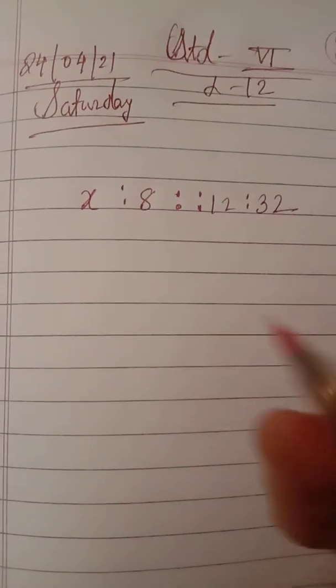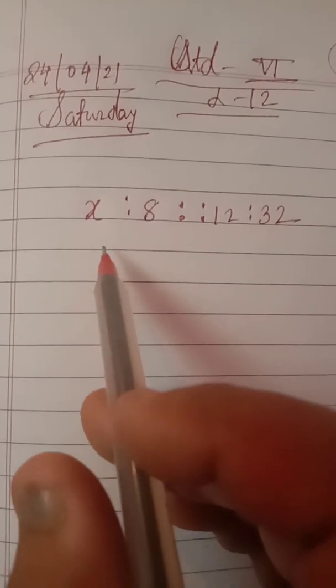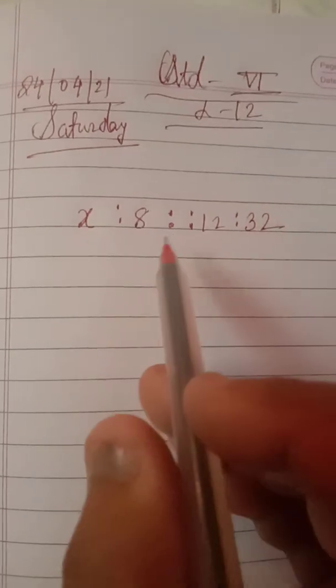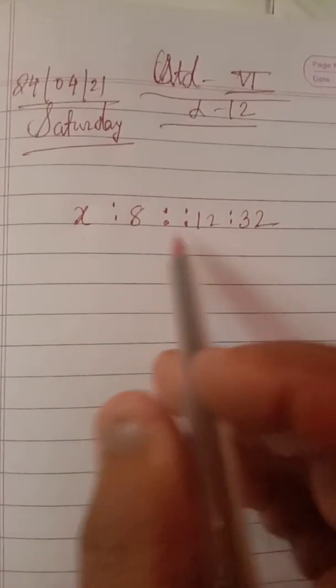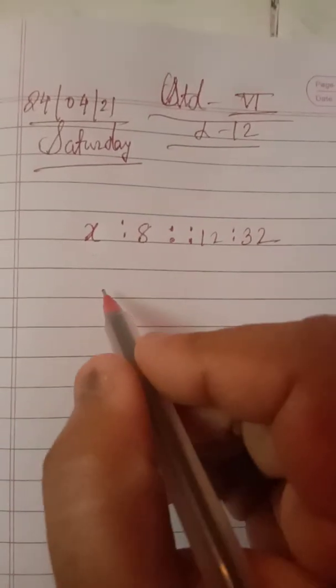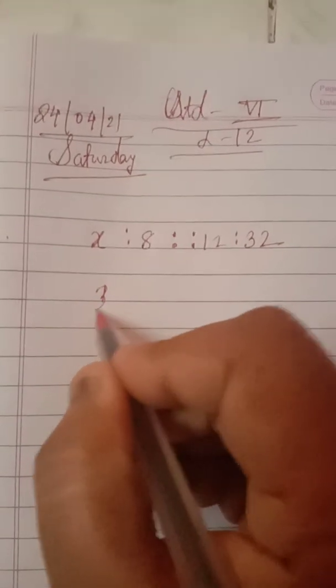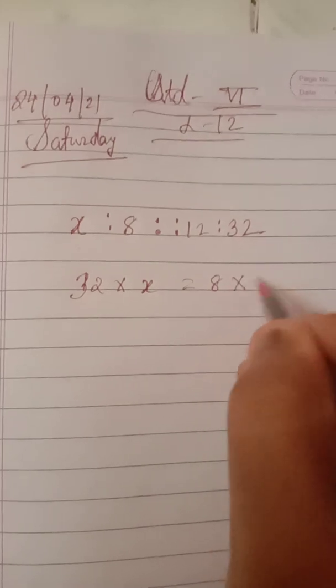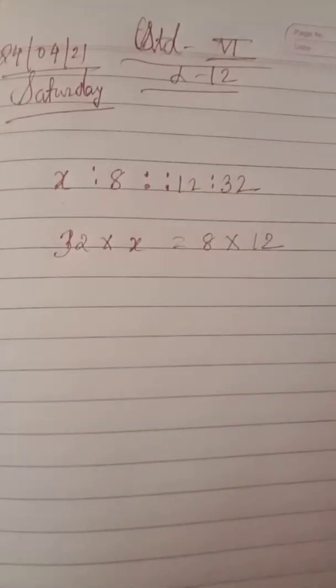According to our formula, we have to find both the extremes, multiply both the extremes, and then multiply this to the middle. So 32 multiply x equal to 8 multiply 12.